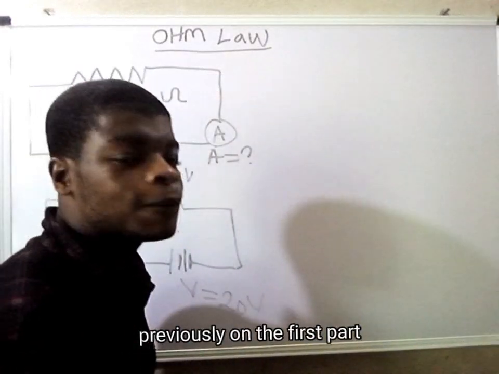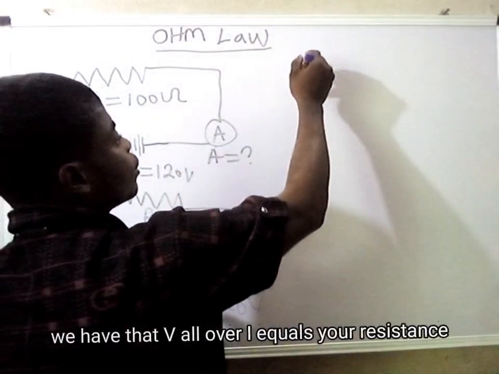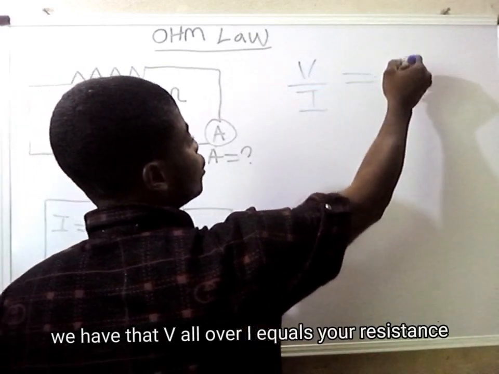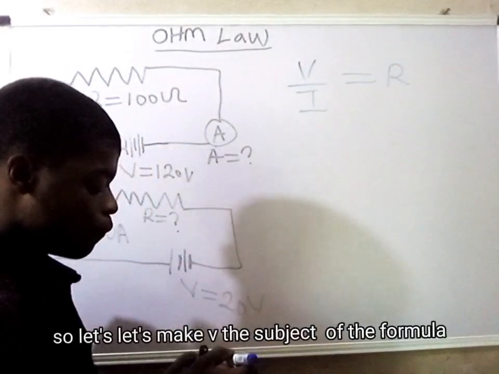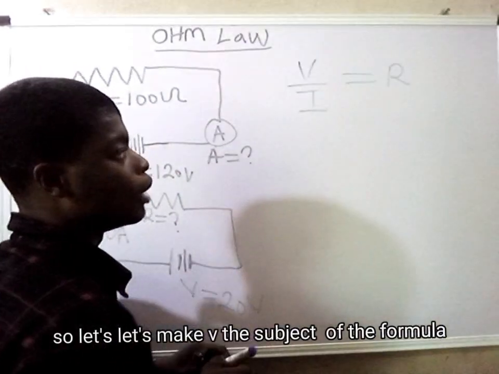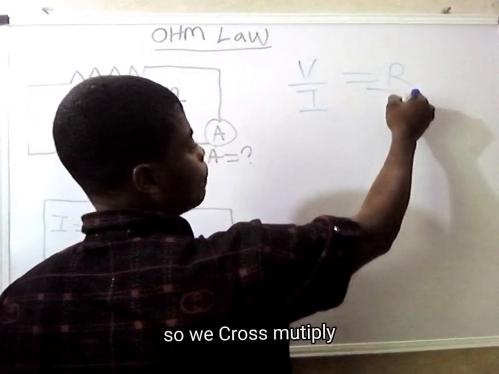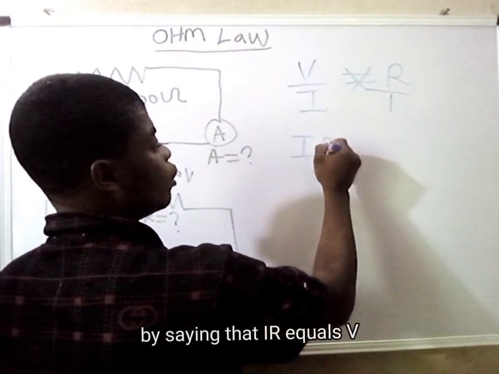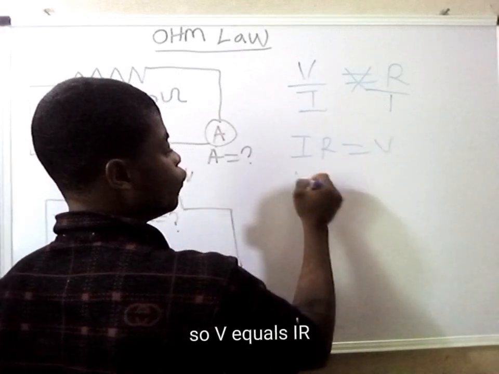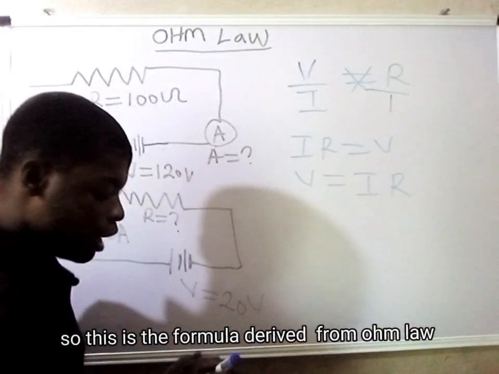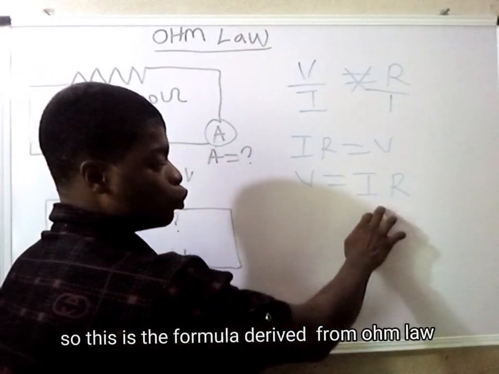Previously, on the first part, we have that V over I equals your resistance. So let's make V the subject of the formula. So we cross multiply by saying that I R equals V. So V equals I R. So this is the formula derived from Ohm's law.